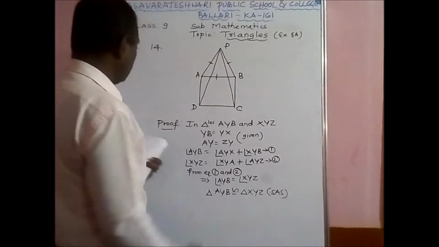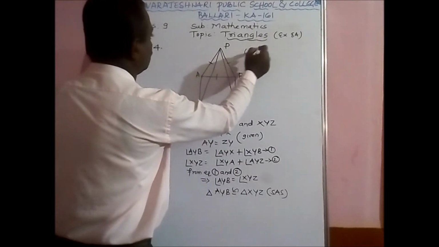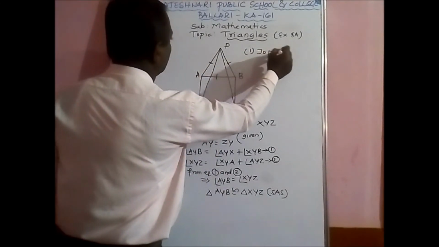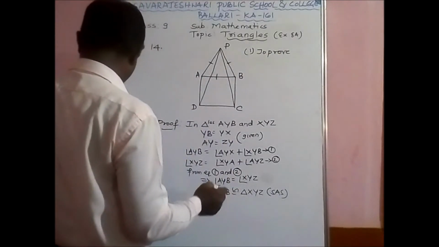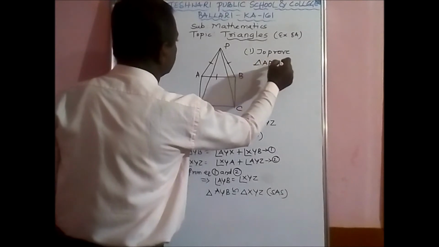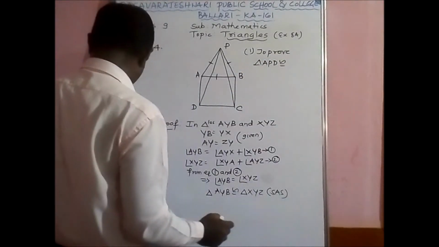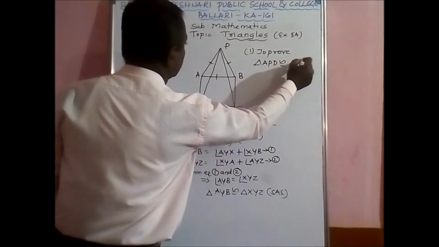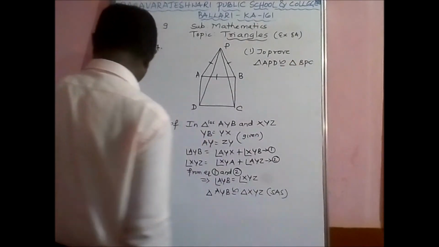So first, what do you have to prove? Triangle APD is congruent to triangle BPC.